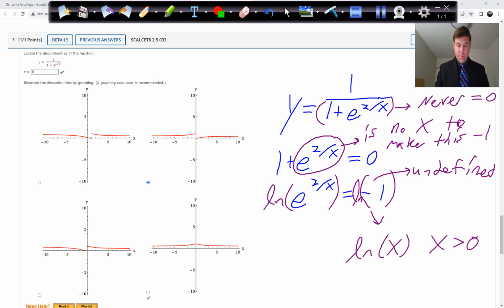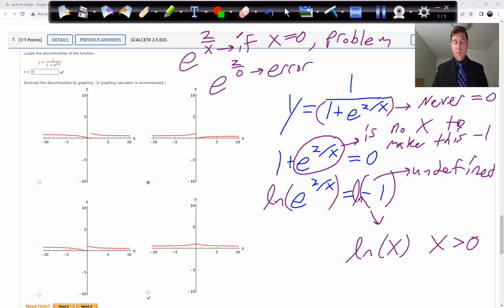But there is a problem with this term as it is right here. If that x is 0, we have a problem. So you can try this. Type e on your calculator, raised to the 2 divided by 0, you will get an error. So we can't do that. You can't divide 0 into 2, therefore you can't take the exponent of that number.